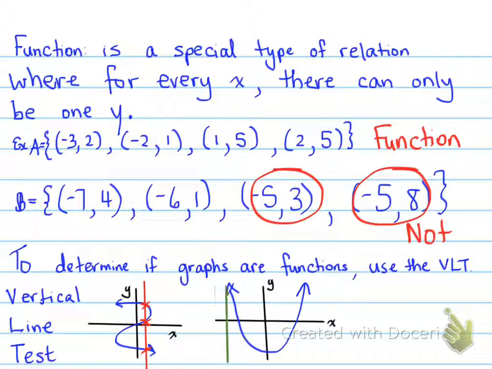It touches it once at any given point. It never touches it more than once. So therefore, folks, with this graph, we can say that this graph is a function because it passes the vertical line test, because for every x, there is only one y.